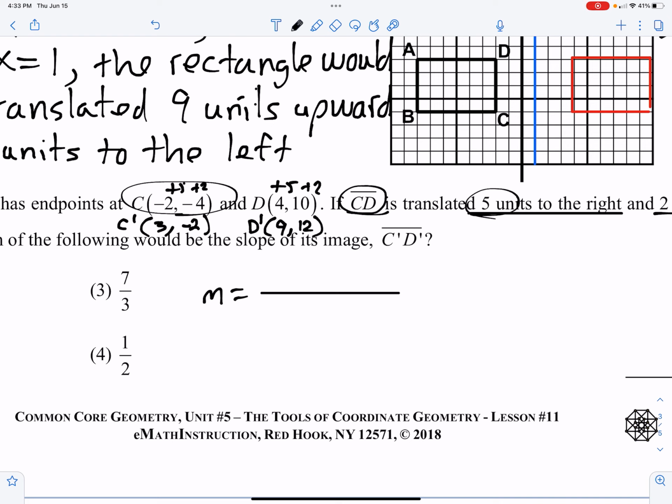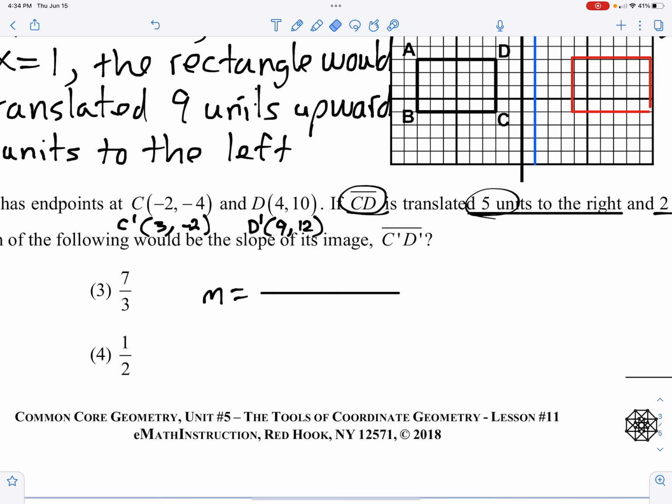Yeah, we can, 4, 10, 2, 4 minus 2. Okay, so yeah, I'm going to go ahead and find my slope.